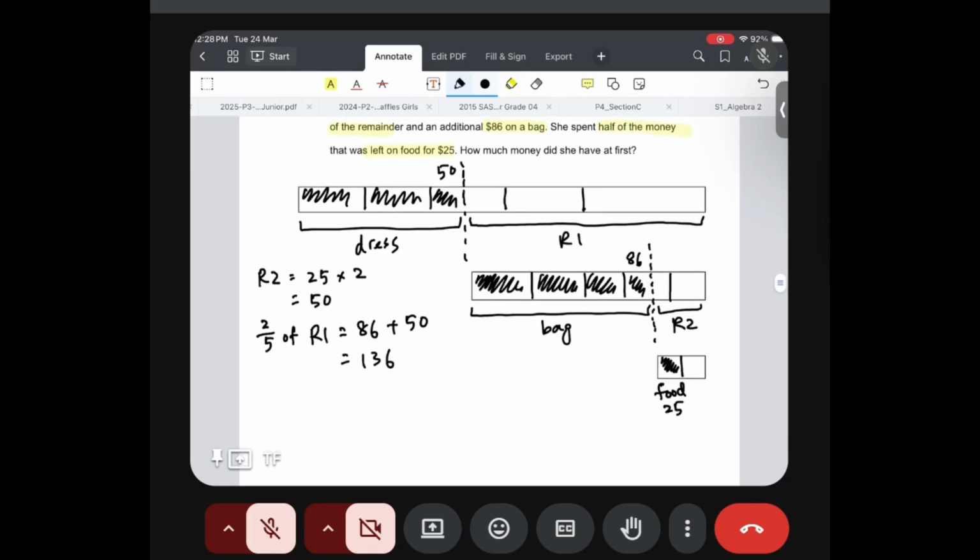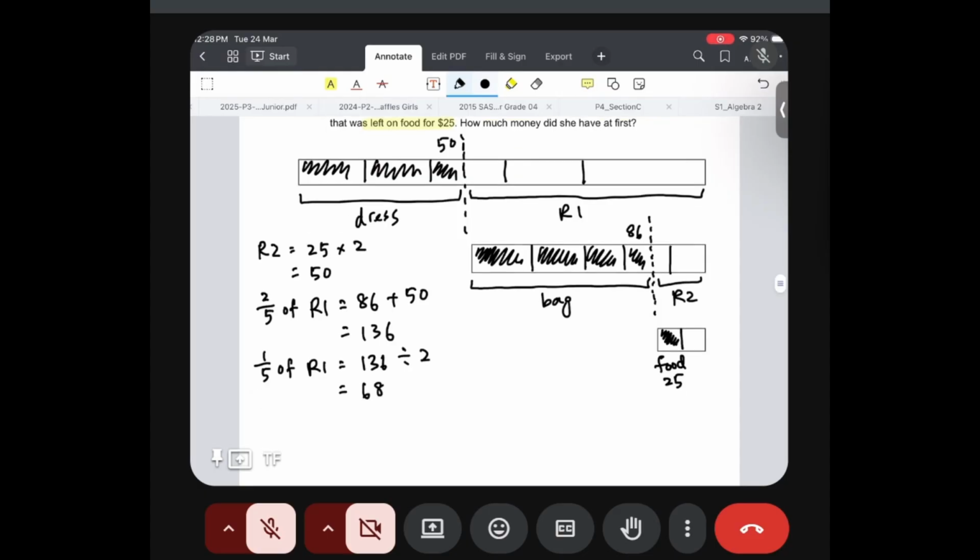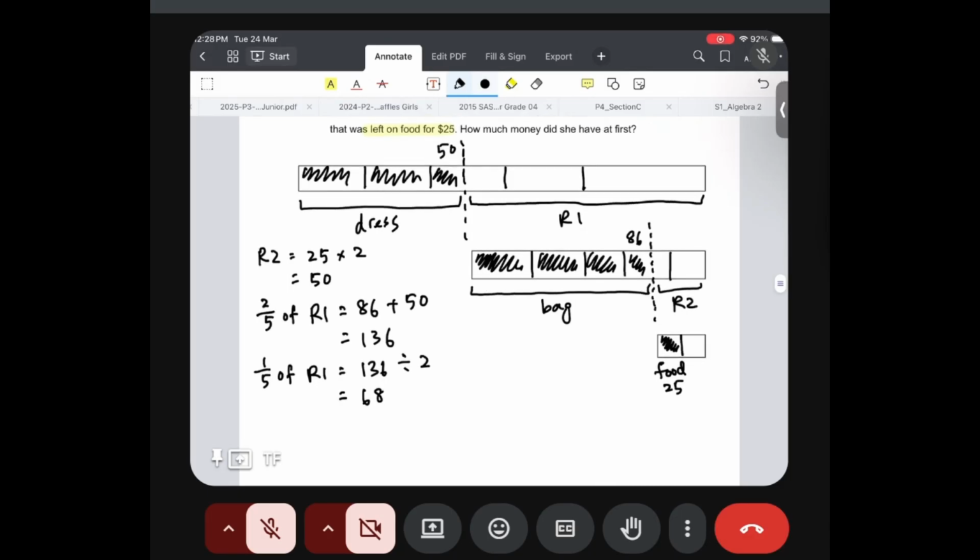Therefore, 1 unit of R1 is 136 divided by 2, which is $68. Since R1 consists of 5 units, the total for R1 is 5 times 68, giving us $340.